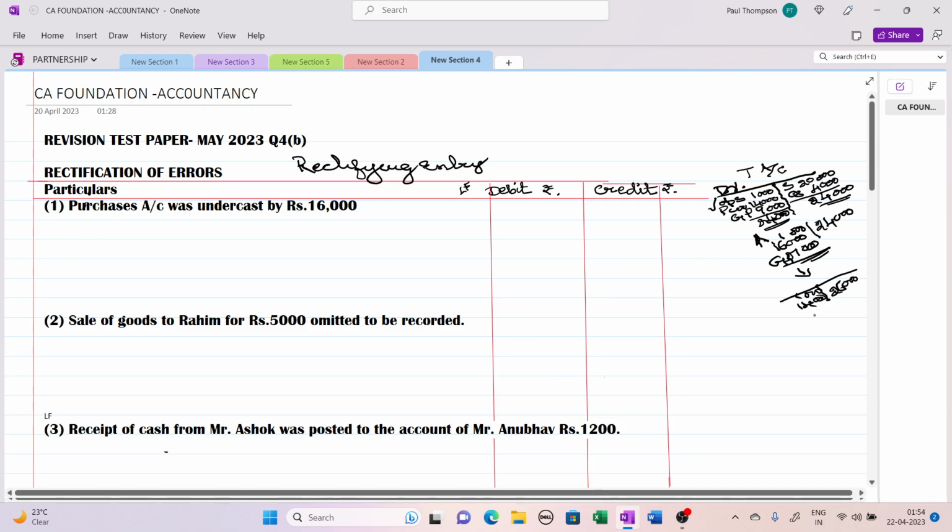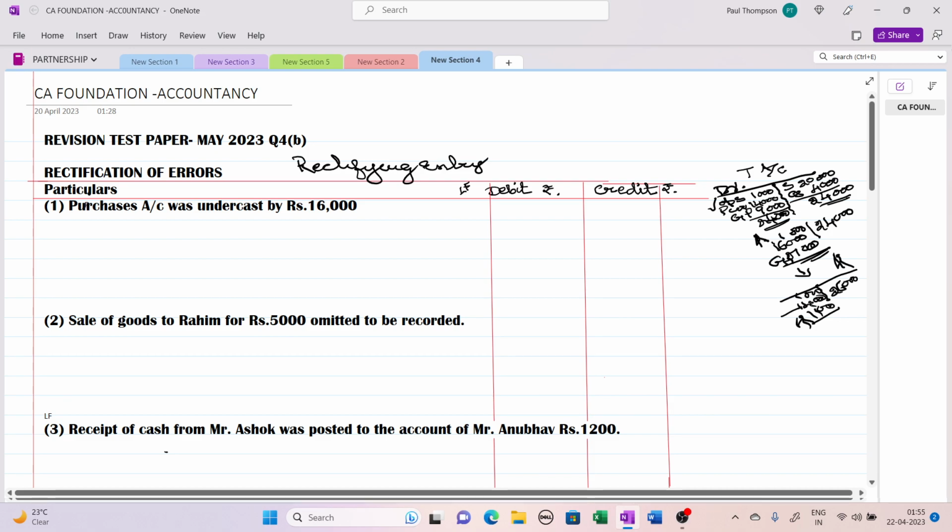So now the gross profit goes to 11,000. So if I increase the credit side, my GP also increases. These are directly proportional. But when you increase the debit side, the purchases or any amount, the gross profit comes down.